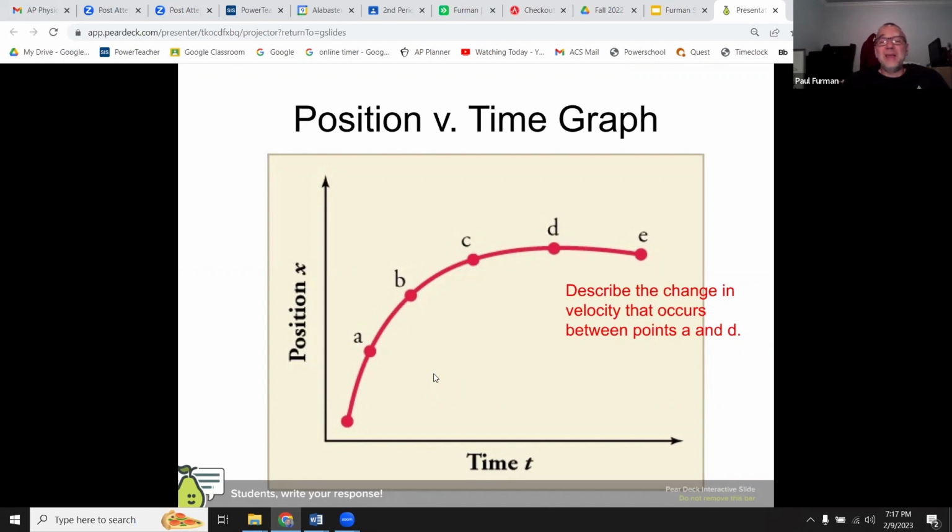So from A to D, notice that's concave down, so that would be negative acceleration, and a positive velocity and a negative acceleration means the object is slowing down. So between A and D, it goes from a positive velocity to a 0 velocity.